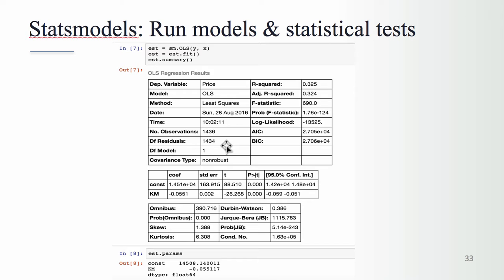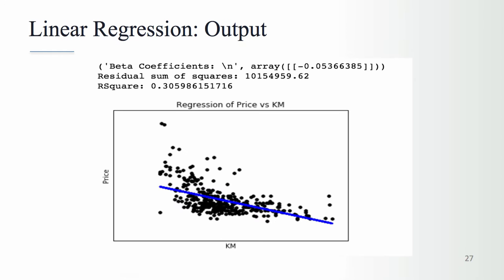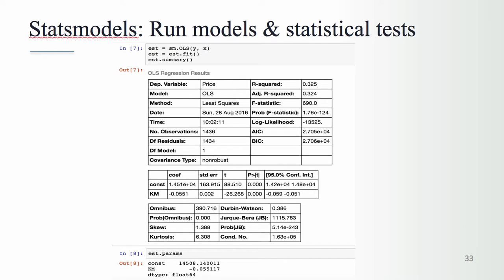So you lose 2 degrees of freedom. And then in addition to the R squared, you have the adjusted R squared, and you notice here it's slightly better: 325, and in the other one it was 305. So we improved by 2% because of that intercept.